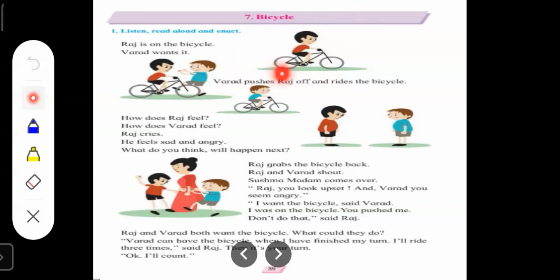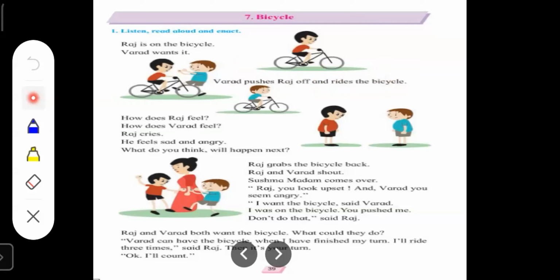Varad pushes Raj off and rides the bicycle. But what did he do, children? He did not ask Raj nicely, but he pushes. What did Varad do? Varad pushes Raj off and rides the bicycle.